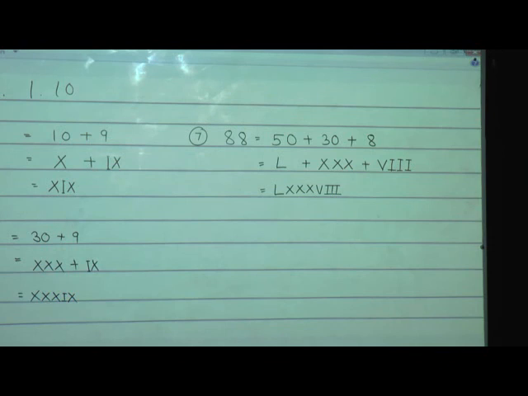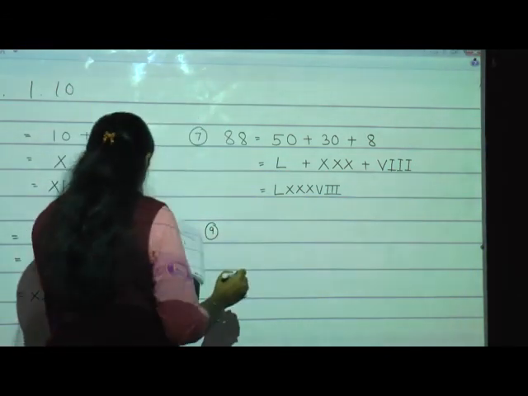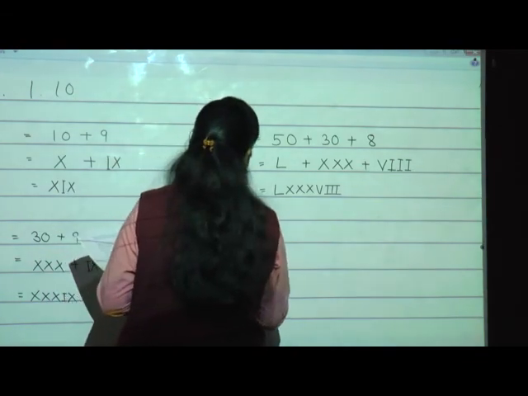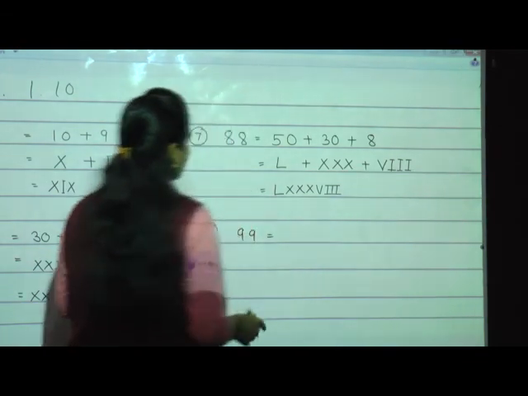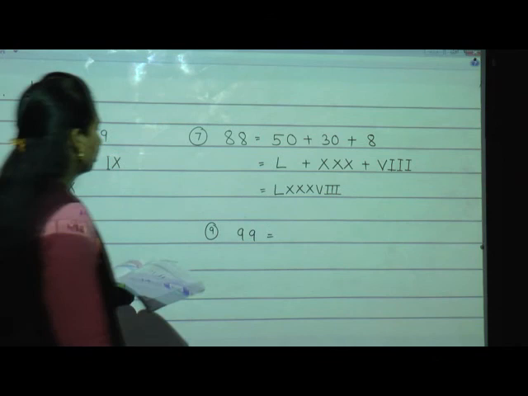7th one? Yes. Now I will solve the 9th one. What is the 9th question? 99 they had given. So how can we expand 99? Yes. Once you write 1 to 100 Roman numbers, you know the value of 90, means how to represent 90 and 9.